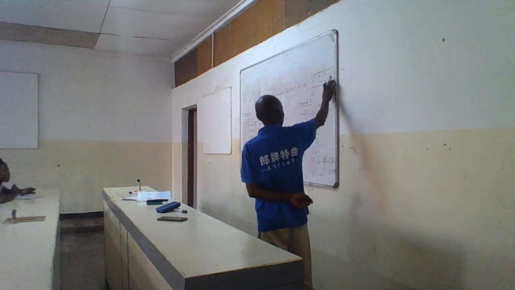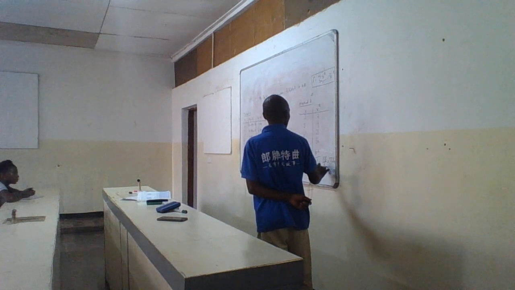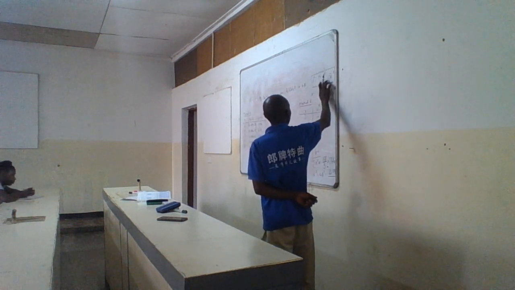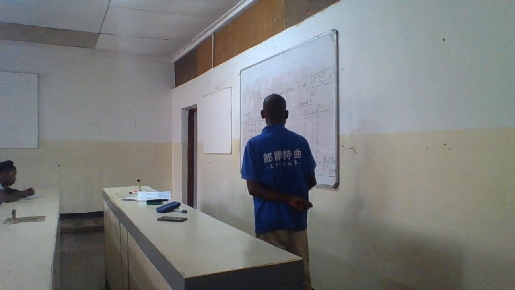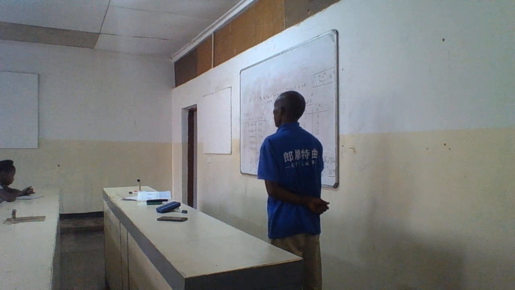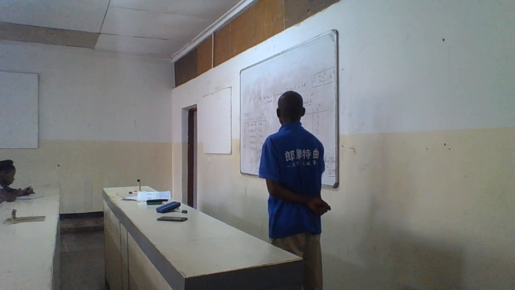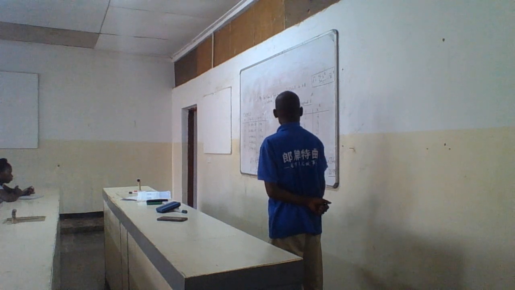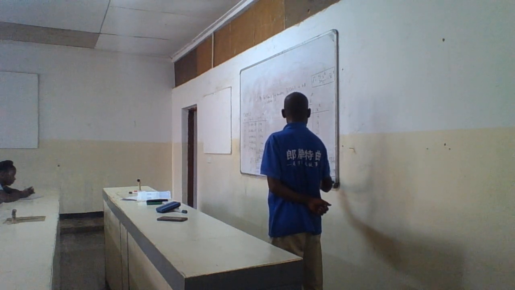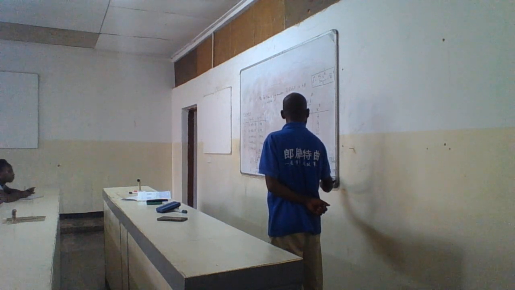Then you subtract: 27.6 minus 23.04 is 4.56.